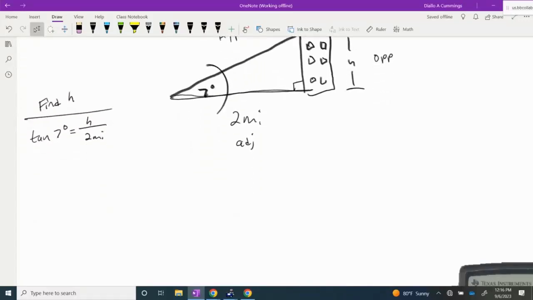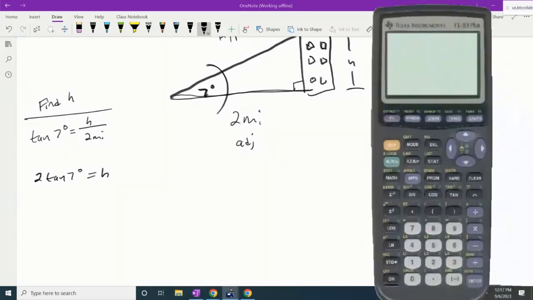Well, I just multiply both sides by 2. So 2 times the tangent of 7 degrees is equal to h. I'm going to evaluate the tangent of 7 degrees in the calculator and multiply that by 2.